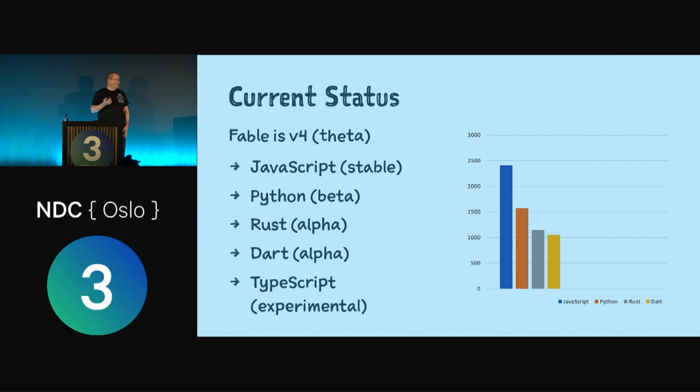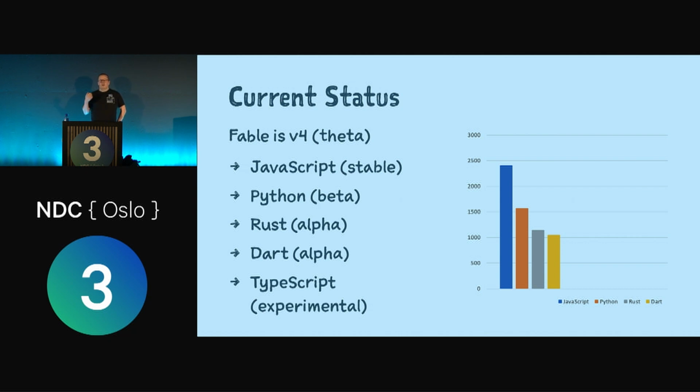So let's look at what we have done. In addition to JavaScript, we have added a target for Python, for Rust, Dart, and we also have TypeScript, which was already there. And we will soon release the new version of Fable, which is Fable version 4.